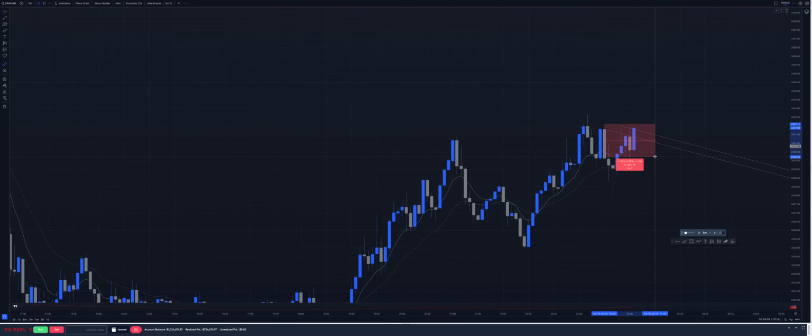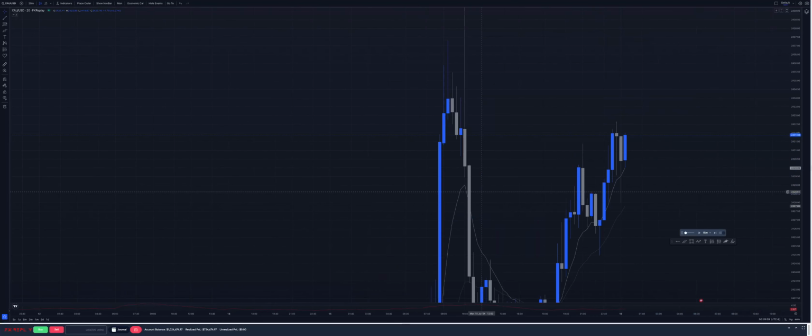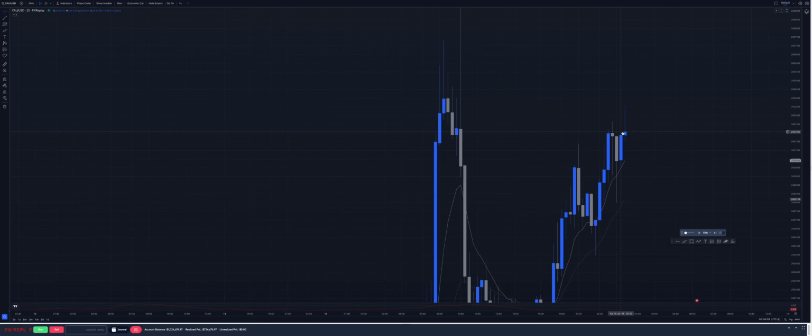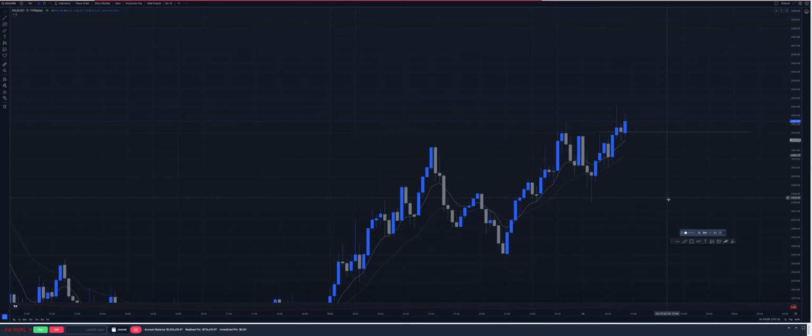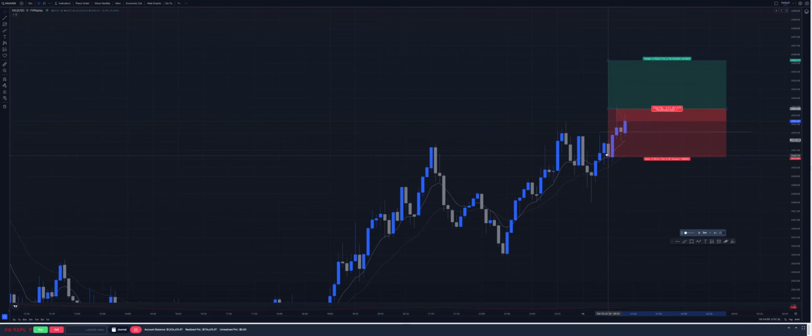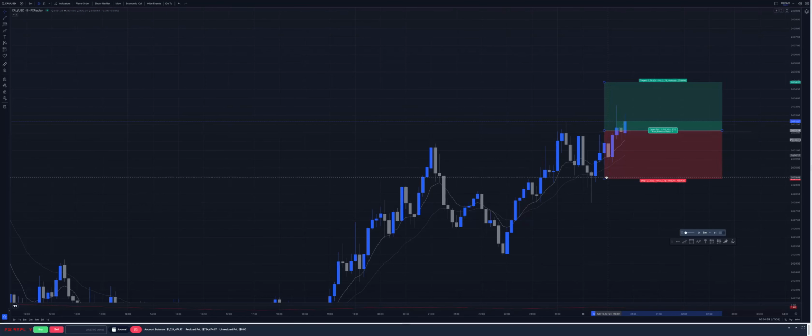There's no valid stop here for us. 1.88 is too big. So in a situation like this, I'm going to wait for this to close, and then that's our entry. Looks like it's going to be a very quick, depending on where you put your stop. We're looking at 1.42, so like around 0.7 to 0.8.